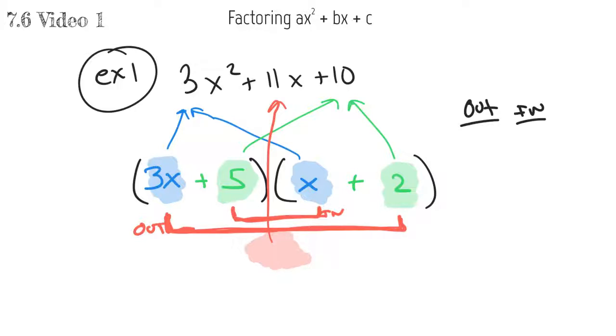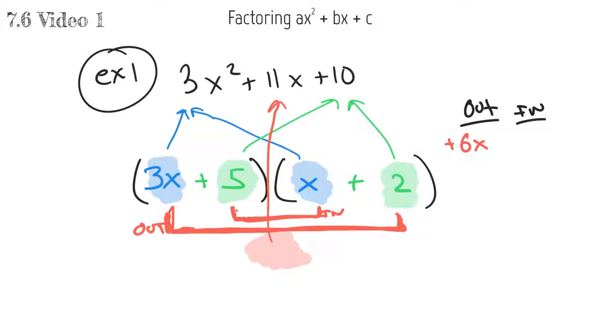So I've already tested the 3x times x. That got me 3x squared. I've done the 5 times 2. That got me 10. What I have to make sure is that the outsides and the insides add up to 11x. So I test these in red. 3x times 2 is 6x, and that's my outside, and it's positive right now because that's the sign I chose.